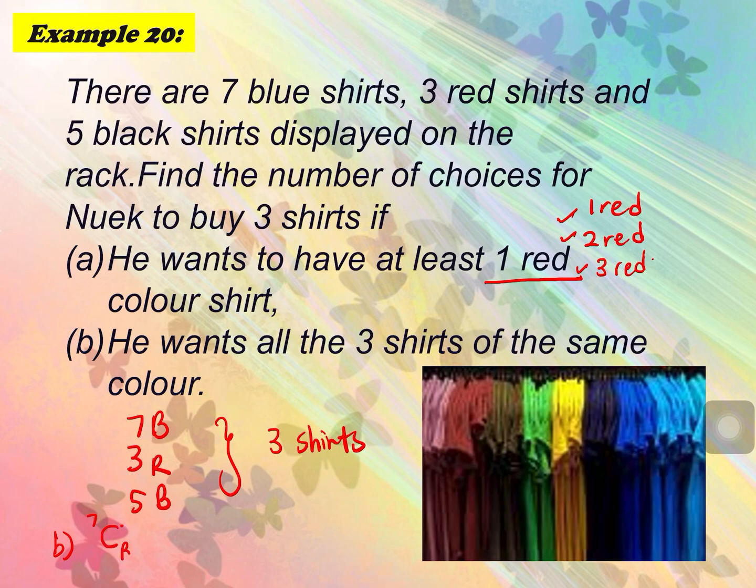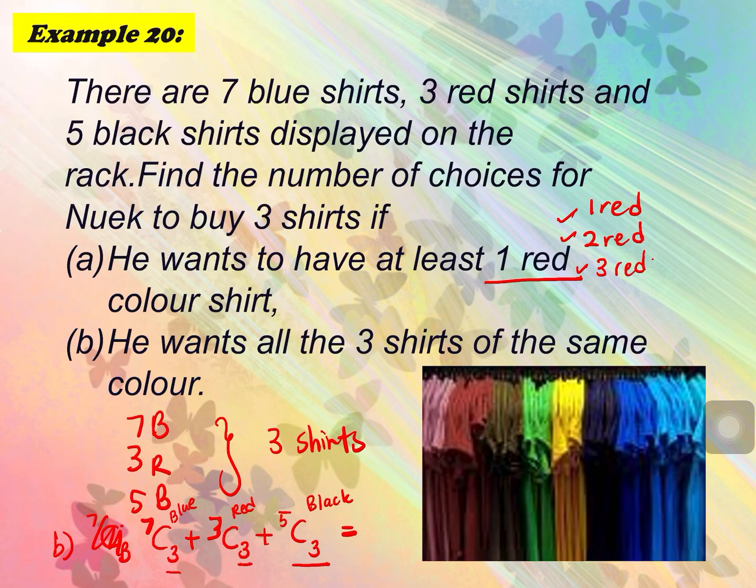Okay, so for question B, he wants all 3 shirts of the same color. So it's either 7C3 or 3C3 or 5C3. 3 shirts of the same color. So this is from blue, this is for red, this is for black.